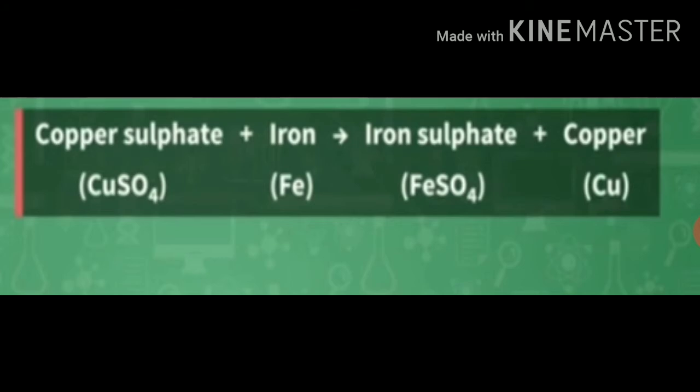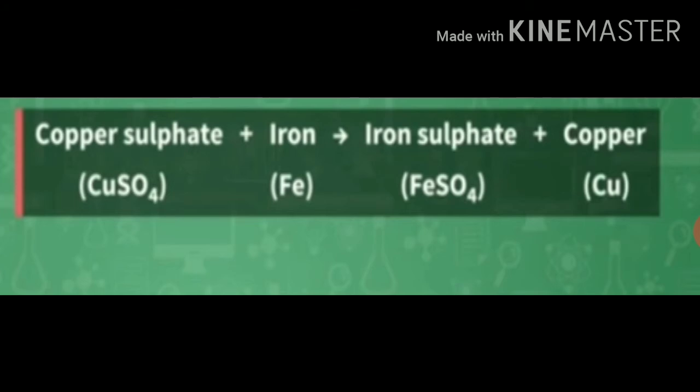This reaction can be seen on the screen: copper sulfate combines with iron to form iron sulfate plus copper. So, in this case, the solution turns greenish due to the formation of iron sulfate.